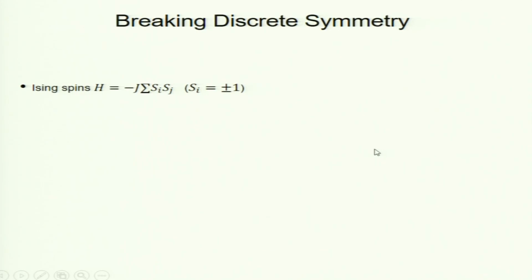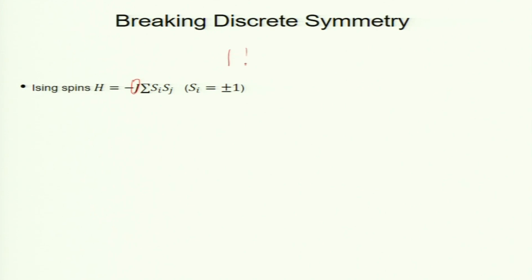So, discrete symmetry. There are many examples, but the one which I have done so far, I will take that example, which is Ising spin. The Ising spin Hamiltonian without a magnetic field. If there is no external magnetic field, then it is minus J S_i S_j. J is the coupling constant, which is the coupling between 2 spins.